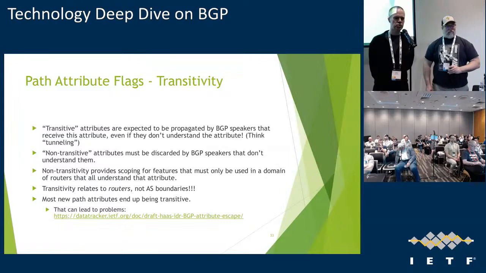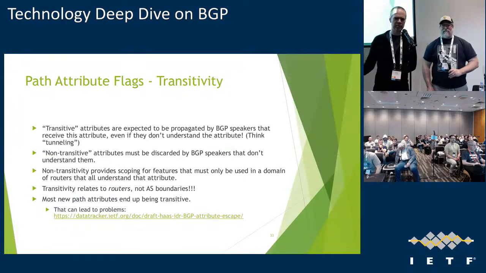Yeah, so transitivity. This has been like the source of quite a bit of angst over the life of BGP. But it's also a source of a lot of the power. I guess with great power comes great ability to shoot yourself in the foot. Path attributes can be transitive or non-transitive. The transitivity that we're talking about is across routers, not across any higher abstraction units than that.